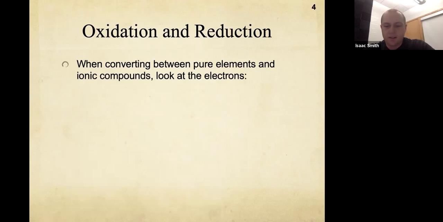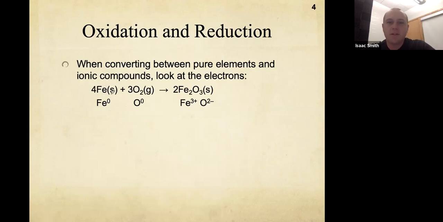So another thing to remember with oxidation and reduction, when you're looking at ionic compounds, what you need to be looking at is the electrons or the oxidation state. When an element is by itself, the oxidation state is going to be neutral or 0. And when it's in an ionic compound, it's really just the charge that it takes on. So on the left side, iron and oxygen are both neutral. And then on the right side, iron gets a 3+ charge, and oxygen has a 2- charge in this ionic compound.